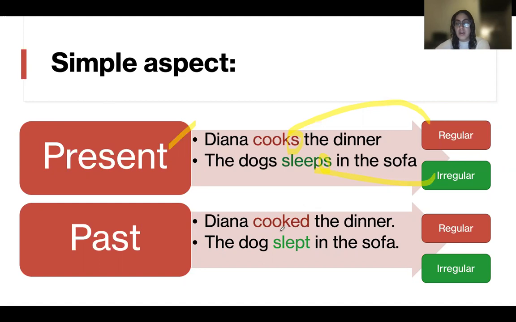In this case, the verb only changes the form if it's an irregular verb, which is the case of the verb sleep. The simple past form is slept. And regarding the regular verbs, we only have to add ed or d depending on the verb. And this is applied for all the subjects. It doesn't matter if it's a third person, second person, first person, singular or plural, etc.